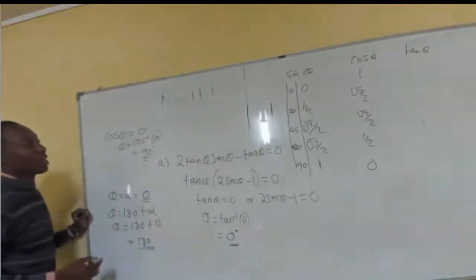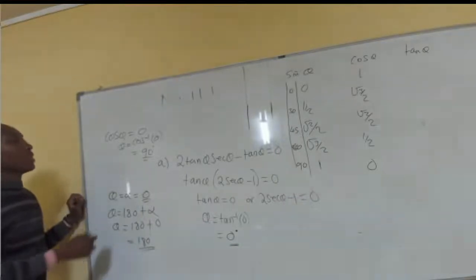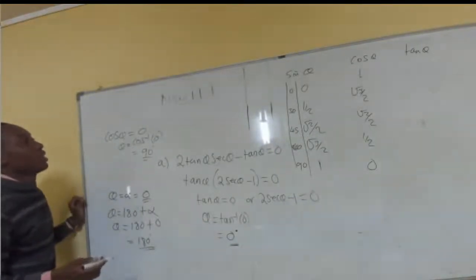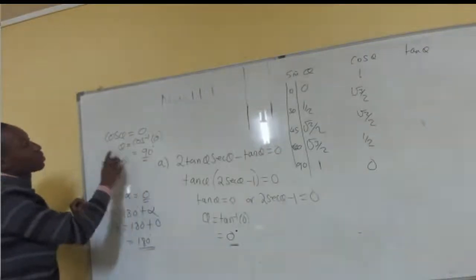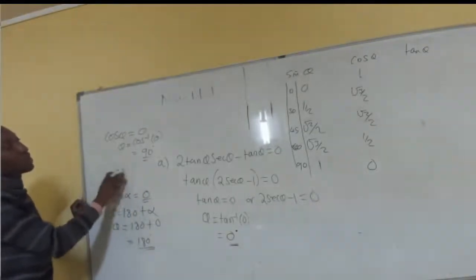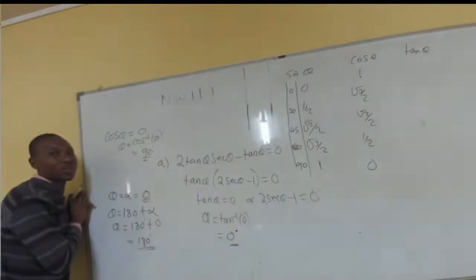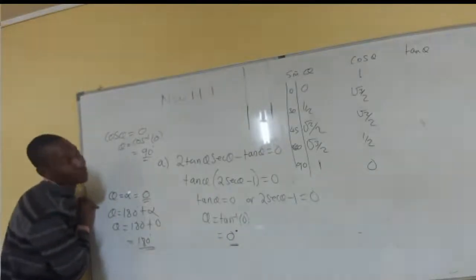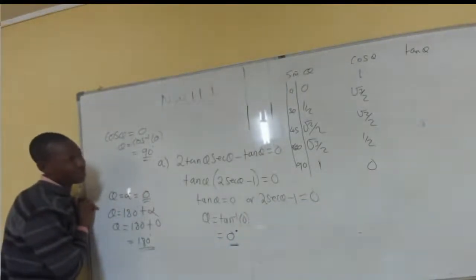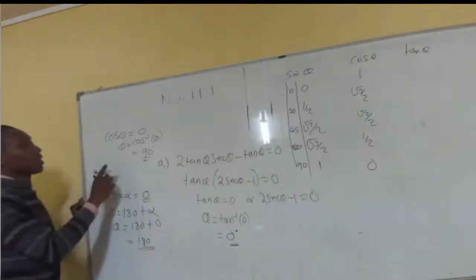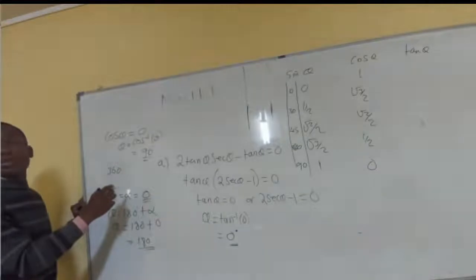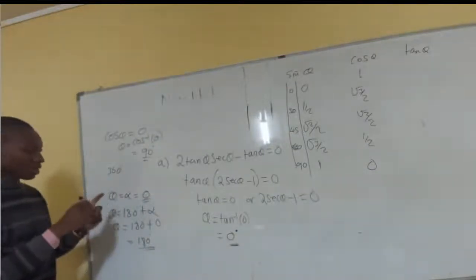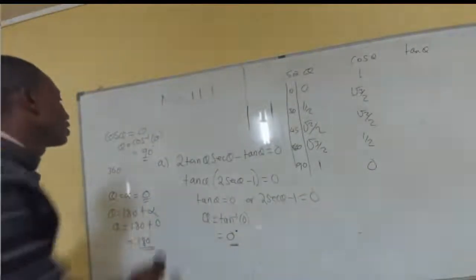We're supposed to find out in which quadrants this is positive. Cos is positive in the first quadrant and also in the fourth quadrant, where we have 360.